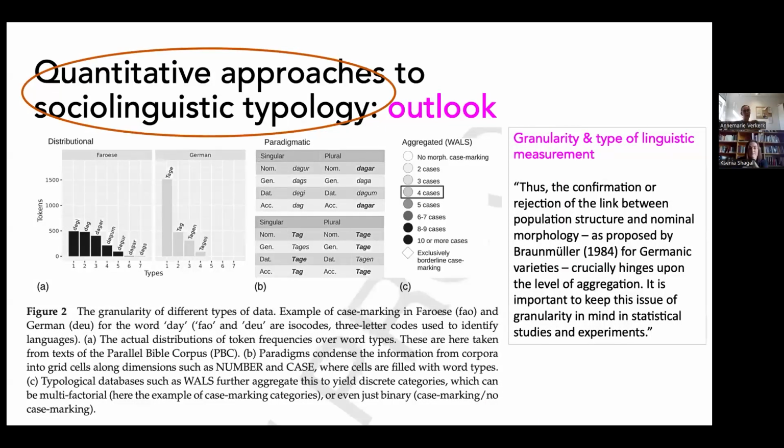So first up, granularity and the way we measure linguistic things really matters, right? And in the chapter, we have an example on case marking: case marking in Varus and in German for the word "day".